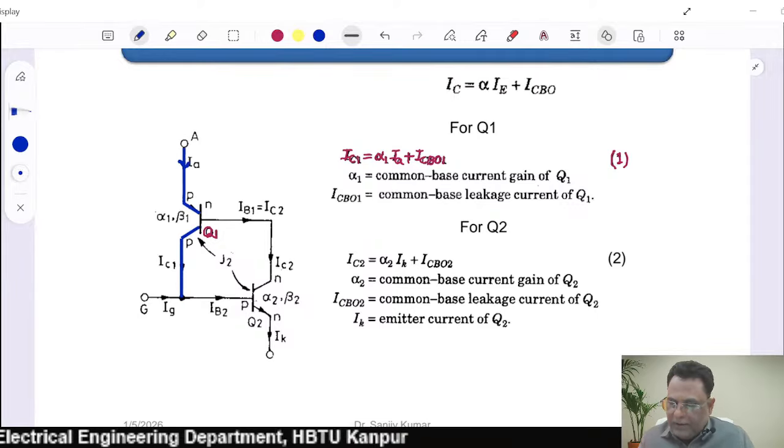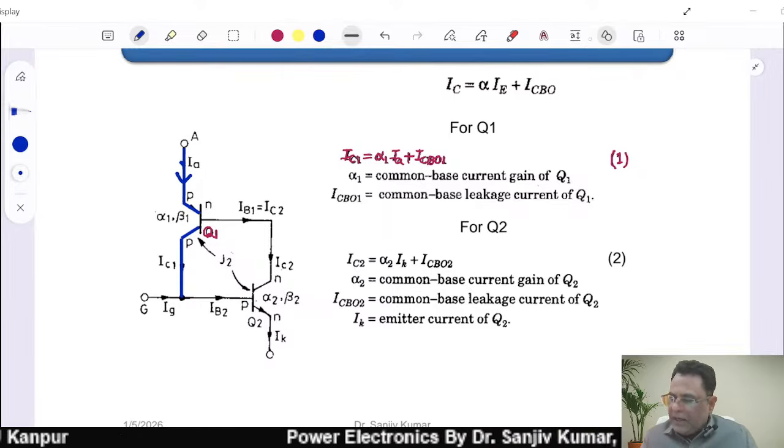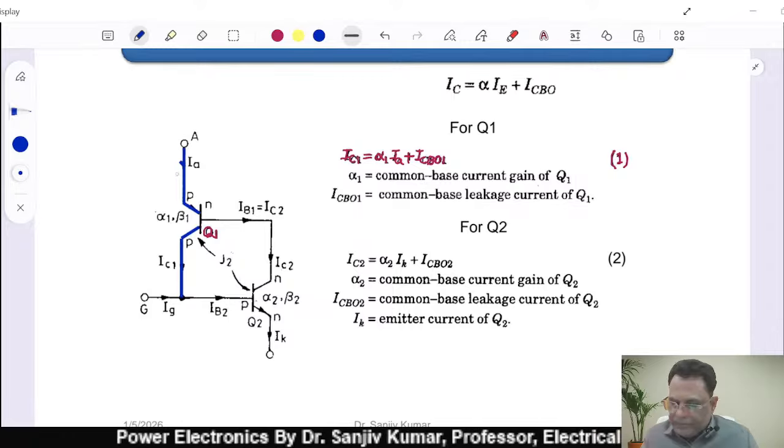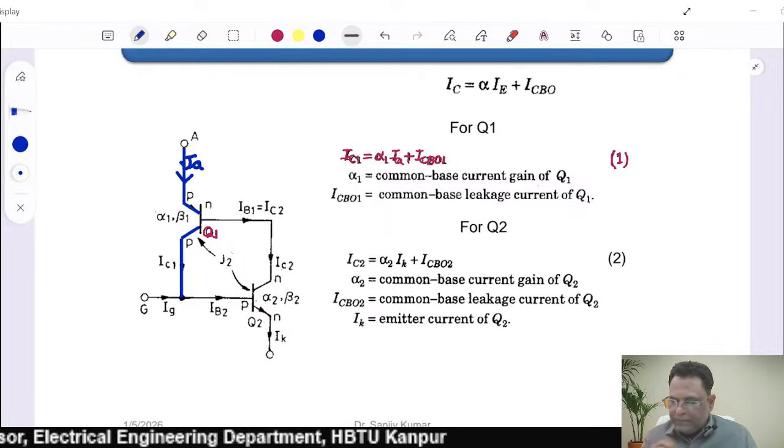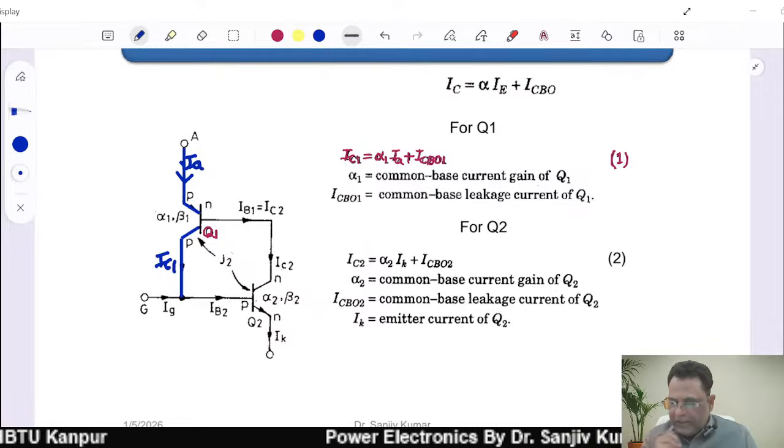This is your IA current, and this is your IC1.